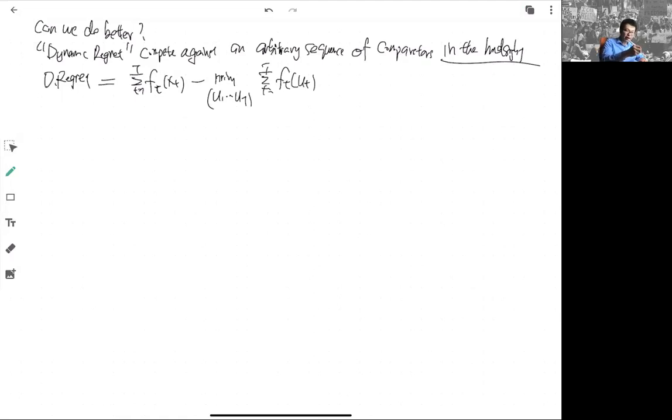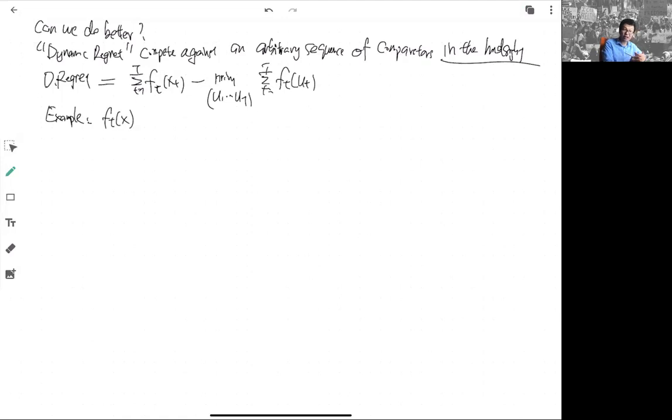So I argue that in general this is a mission impossible. You cannot actually achieve it. So I'll give another example to illustrate why that is the case. Suppose you have a stochastic adversary that chooses f t of x.